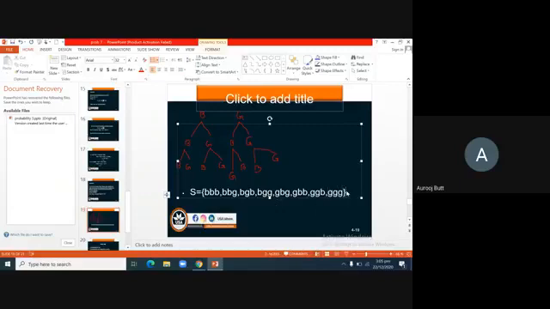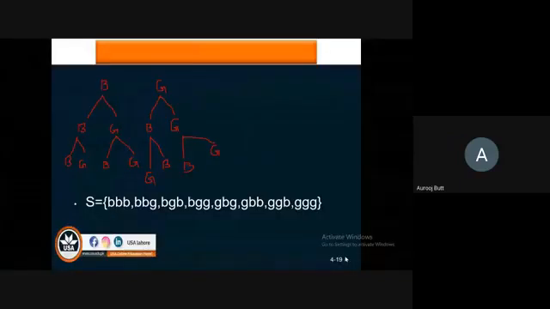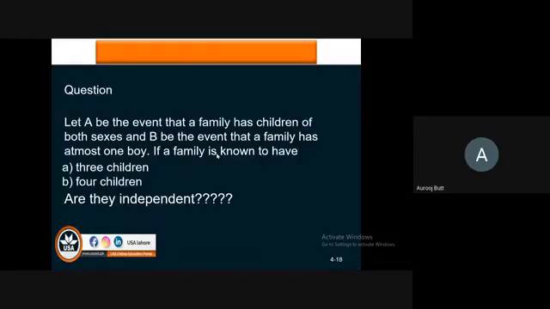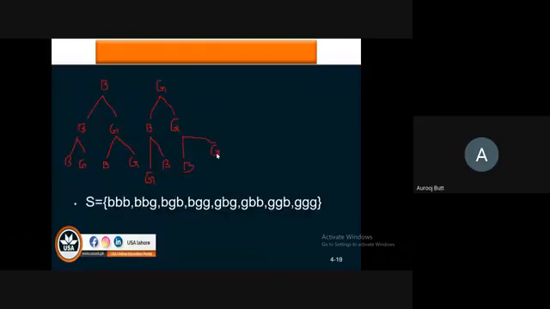So this is the sample space if a family has 3 children: boy boy boy, boy boy girl, boy girl boy, boy girl girl, girl boy boy, girl boy girl, girl girl boy, girl girl girl. Now you have to determine whether the events are independent or not.